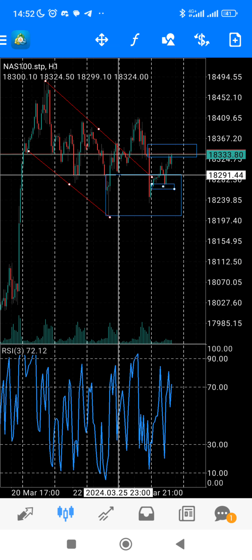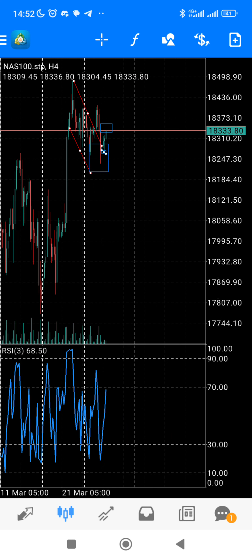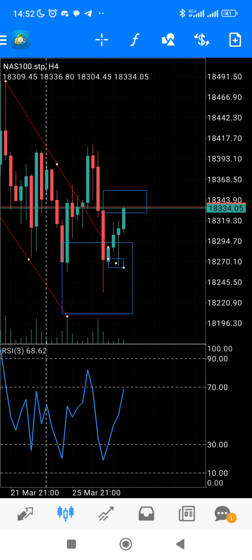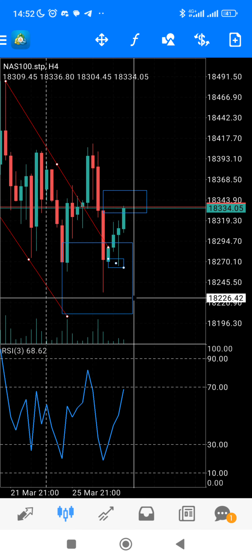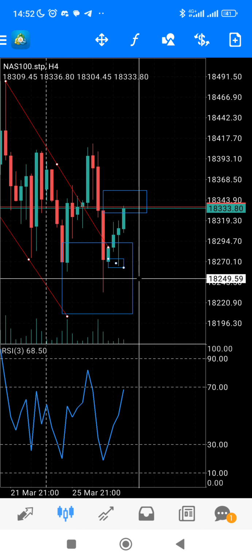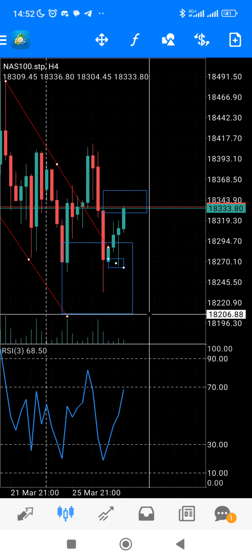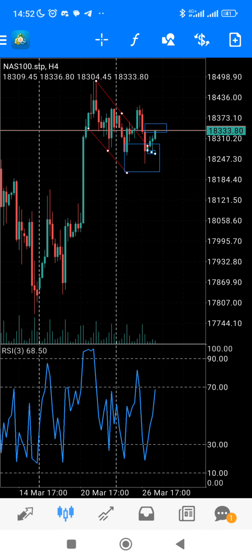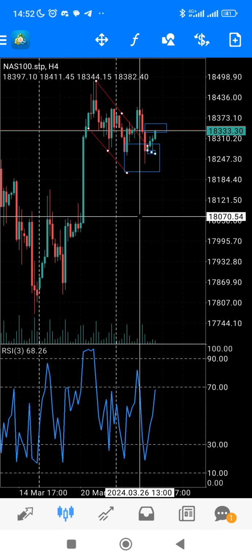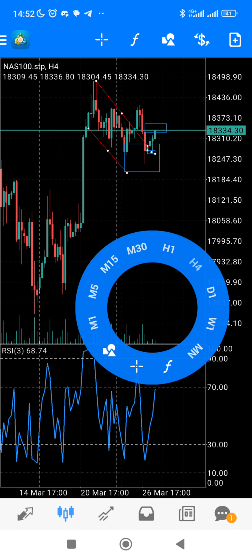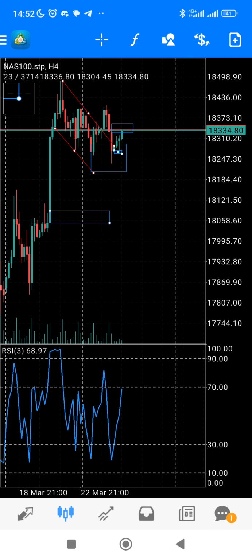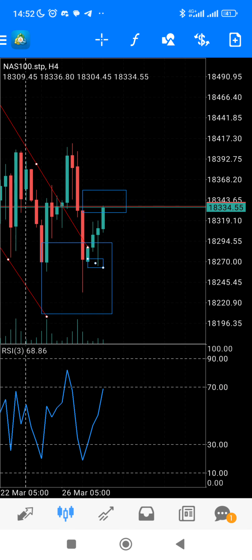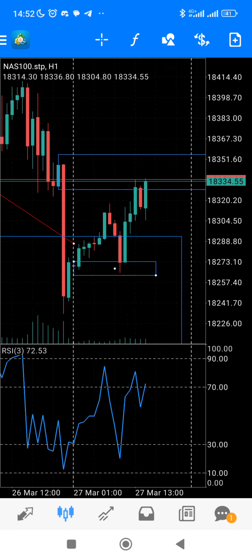But in my opinion, if I had to go down to the 4 hour, what I would wait for is perhaps an accumulation to happen in maybe this demand zone over here. So we have this demand zone. Currently my bias, I switched it to bearish.